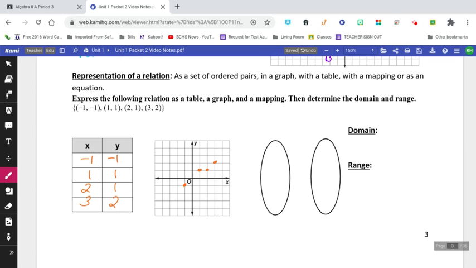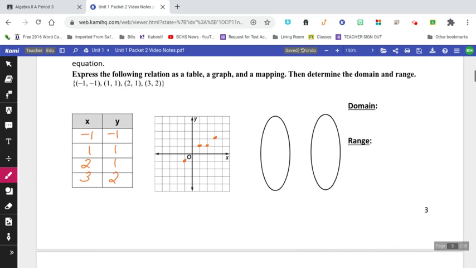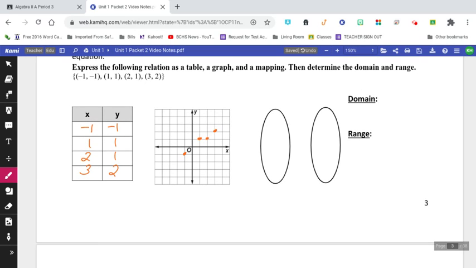And last, we have what is called a mapping. So a mapping is usually like two ovals or sometimes two rectangles, some sort of shape. The first oval always consists of your x values. The second oval always consists of your y values.